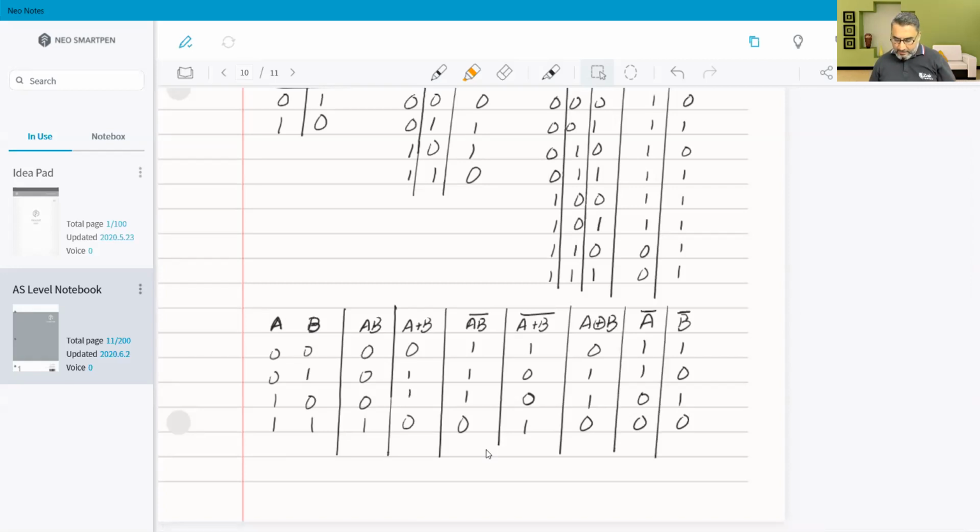We have just 2 inputs per gate. So this is our AND gate. This is A, B, and the result is there. This is OR gate. This is NAND gate. This is NOR gate. This is exclusive OR gate. And this is A naught, and this is B naught.